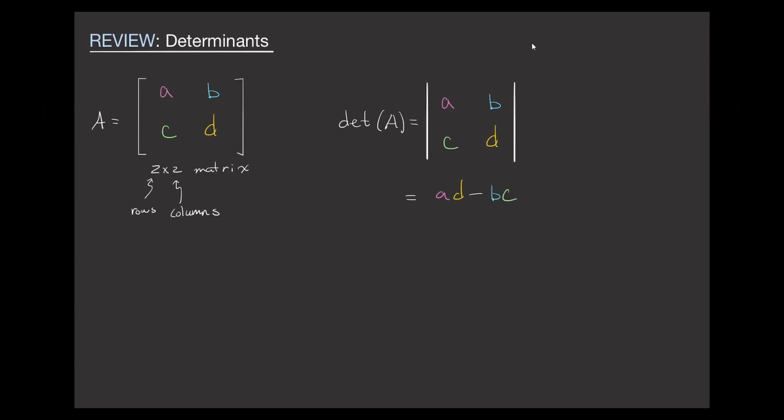Now, this does have some meaning. It's not just, quote unquote, some random math formula. Namely, this determinant gives you an area spanned by 2 vectors.